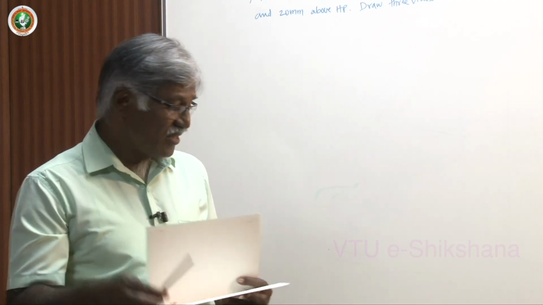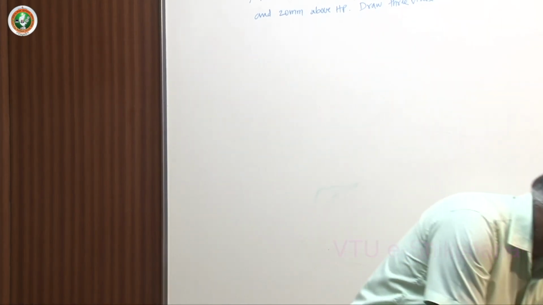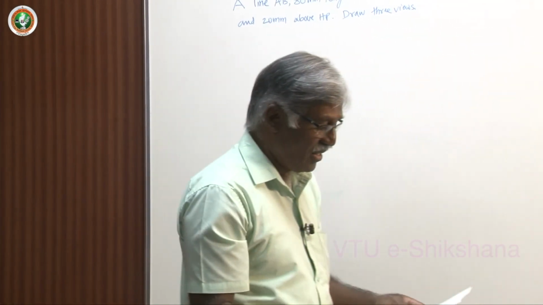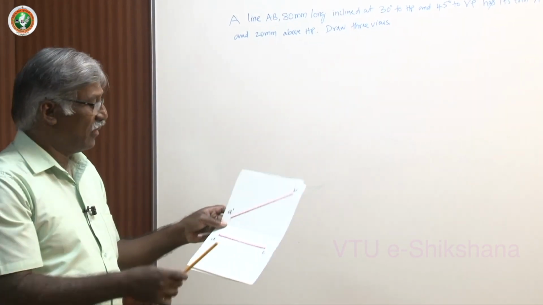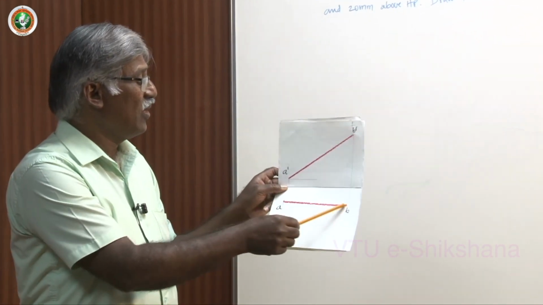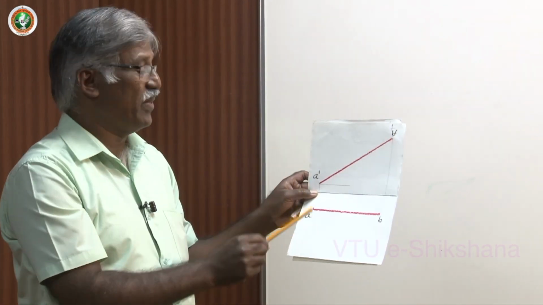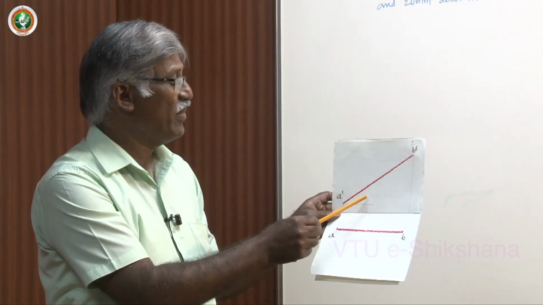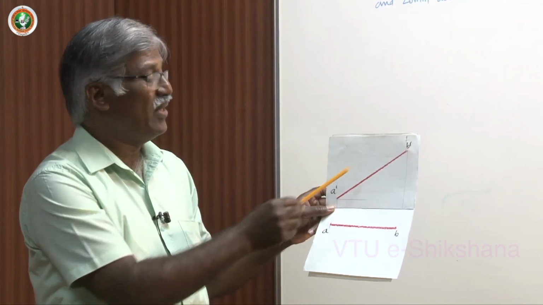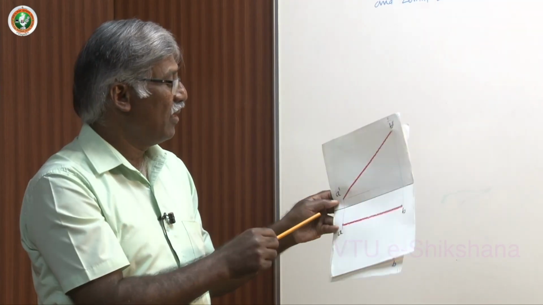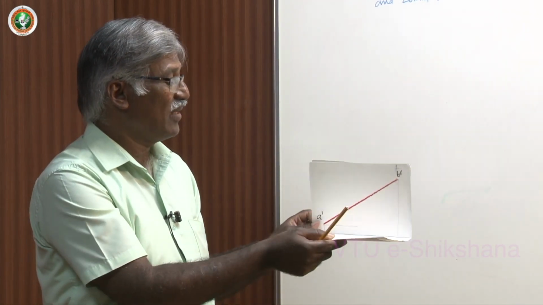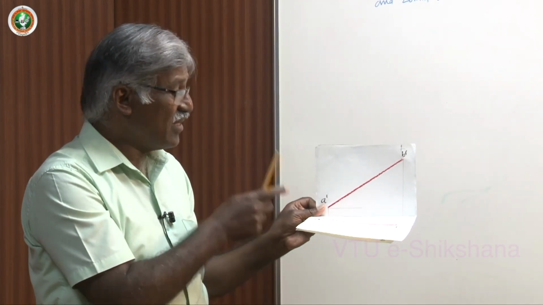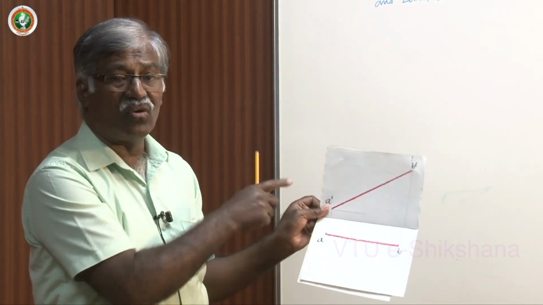Now for this, as a prerequisite, I will show you two simple models wherein I have the line which is parallel to VP and inclined only to HP by 30 degrees. You can see that the line is parallel to VP and inclined to HP here. Now, if you rotate like this, you will get this projection, which you have to draw first.